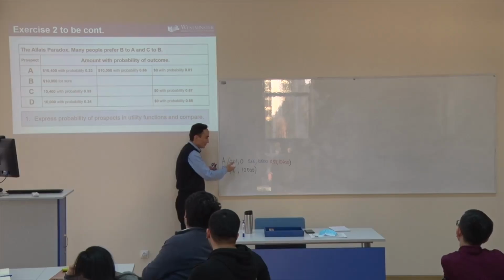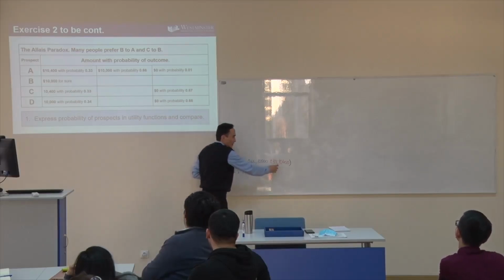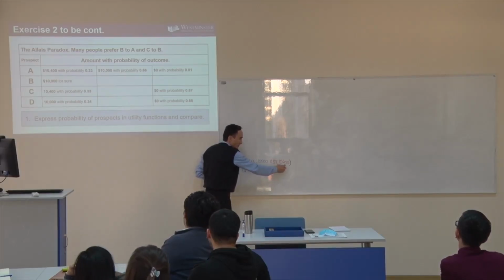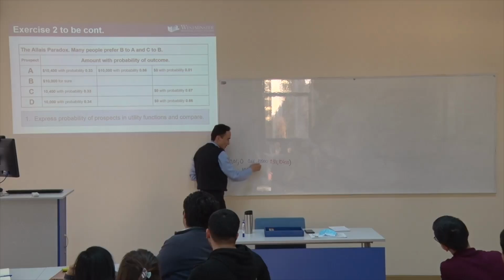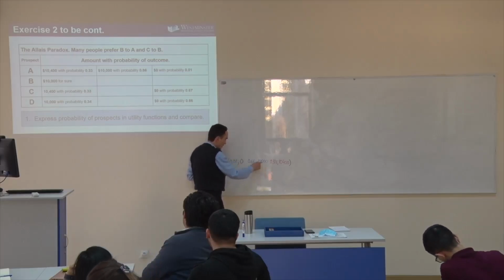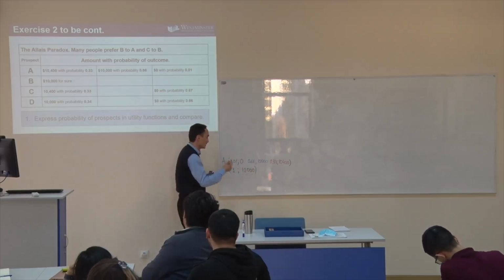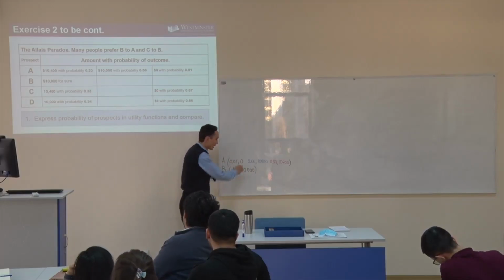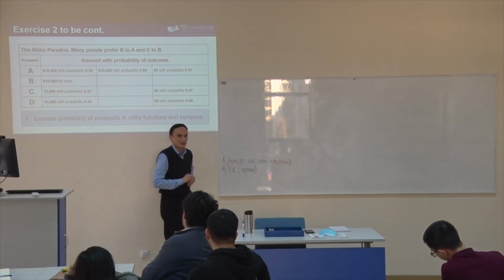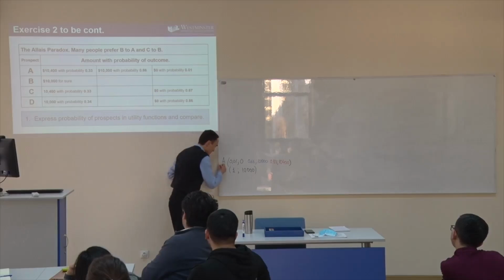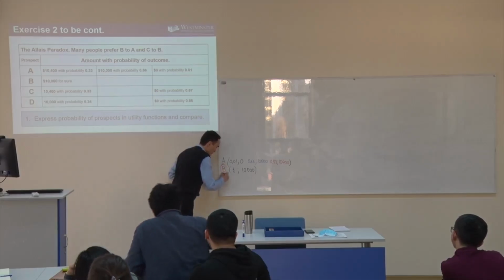In option A, the probability of getting $10,400 is 33%. There is 66% probability of getting $10,000, and there is only 1% probability of getting nothing. And this is option A. In the case of option B, you can get $10,000 for 100%. So when people were asked this question, most of them chose B. Okay? They chose B. Good.